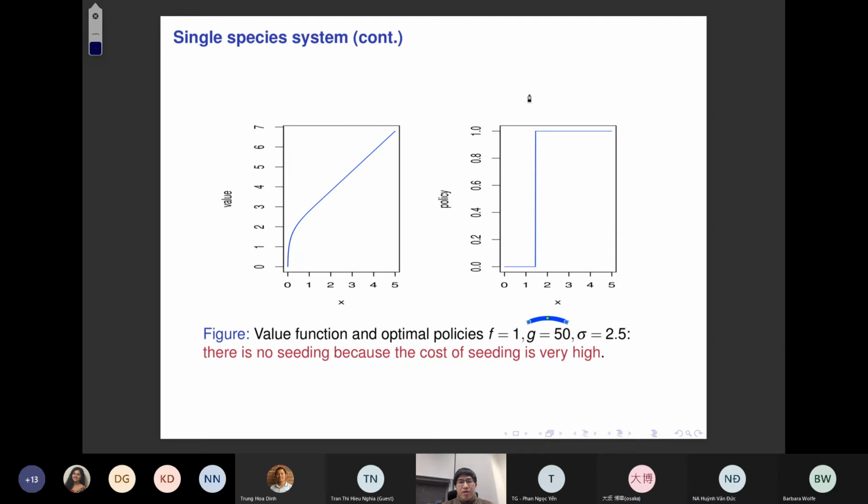If the population is smaller than some level, say L, then we don't do anything. If the population is higher than L, then we harvest. The point is that in this case, we are allowed to seed, we are allowed to renew, but we don't do that because the cost is too high.